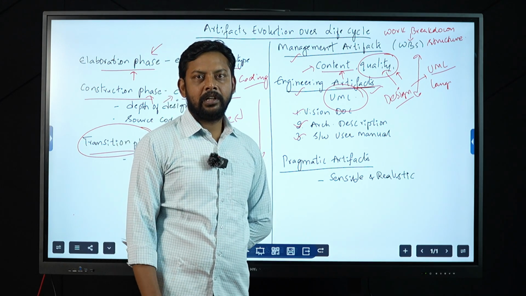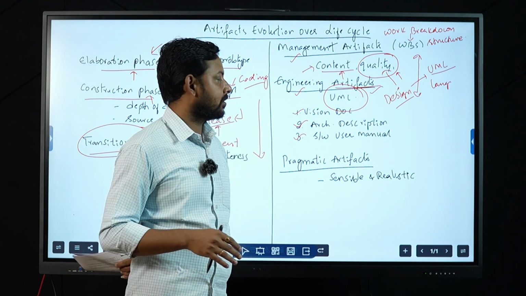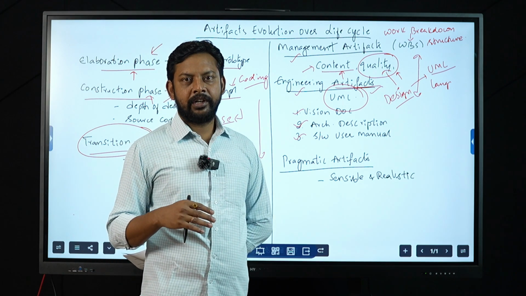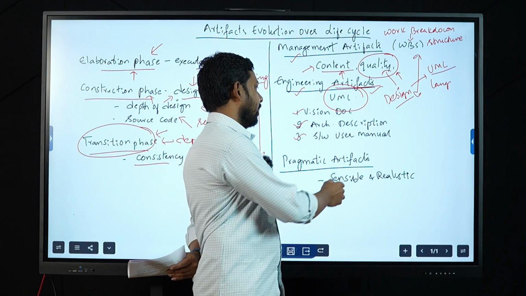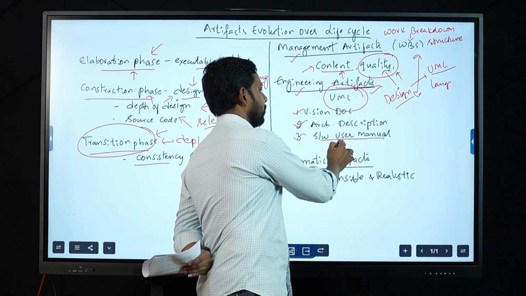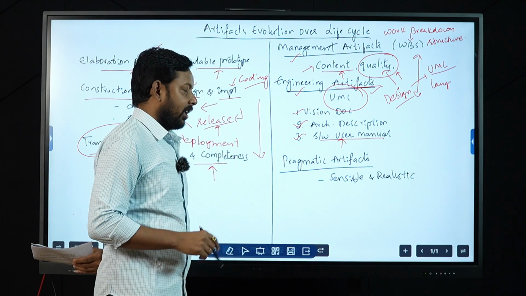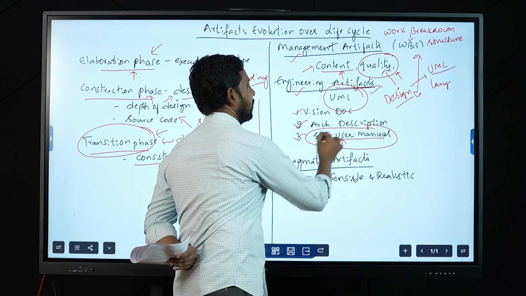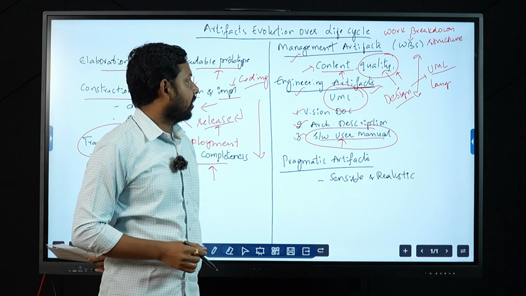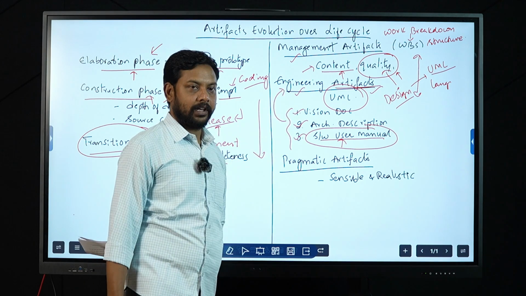The user manual states how the user is supposed to work with your software when your deployment is done. All your points related to the software that is being developed can be written into your manual here. This helps the user to understand how to work with your software. So these are the 3 different artifacts which are focused by your engineering artifacts.